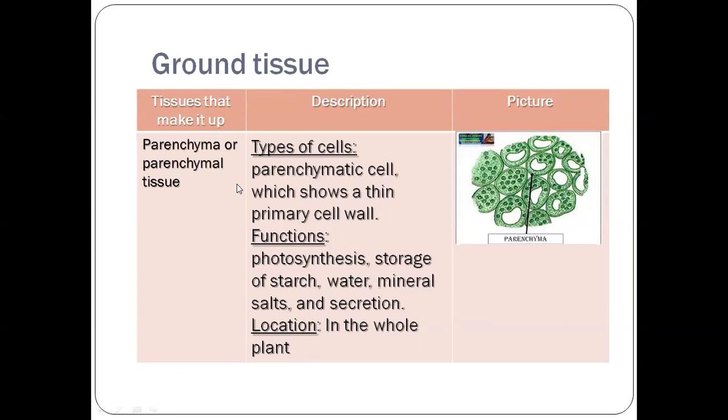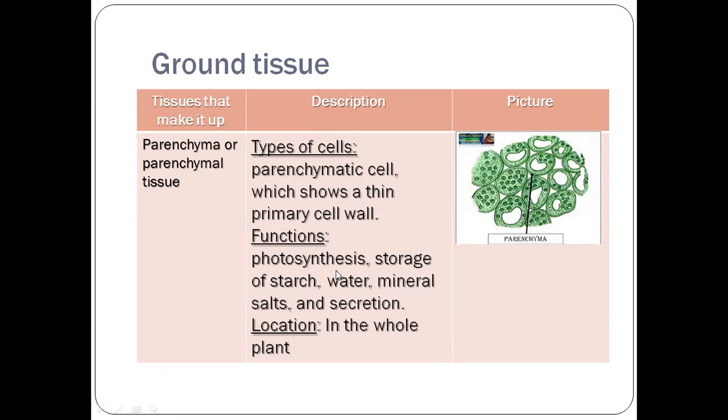Okay, parenchyma tissue or parenchymal tissue, types of cells, parenchymatic cells, which shows a thin primary cell wall. Las células parenquimáticas van a mostrarnos un tejido primario delgado.